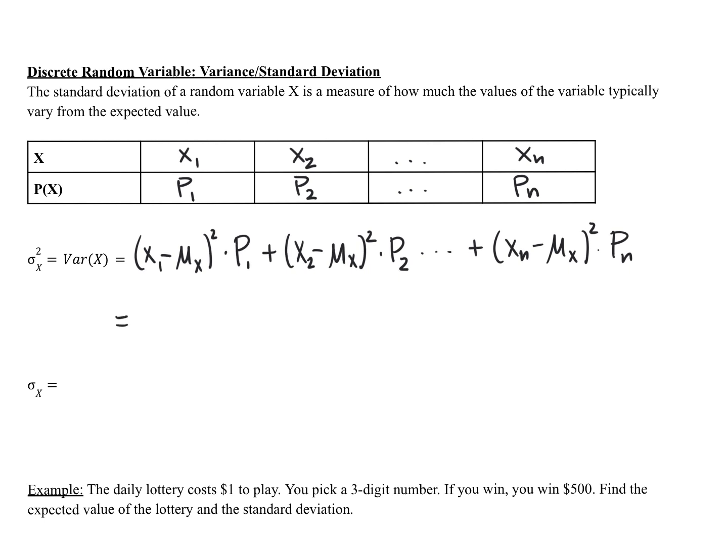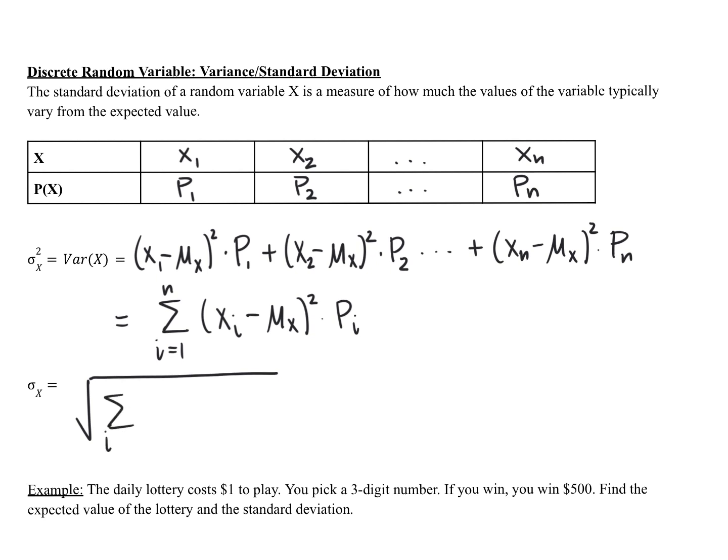So if you think in terms of condensed formula, that's the sum starting from your first term to your last term of x sub i minus your mean squared times p sub i. So that's the variance, and similar to when we calculated standard deviation, we just took the square root of the variance, we did the same thing here.